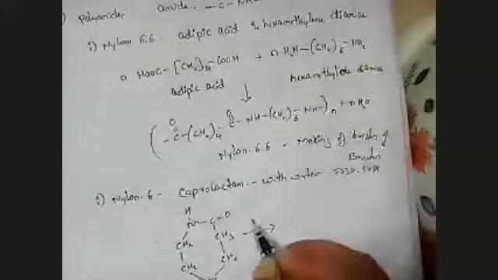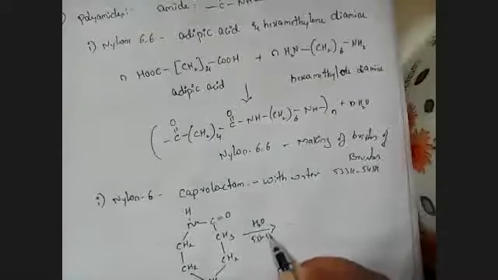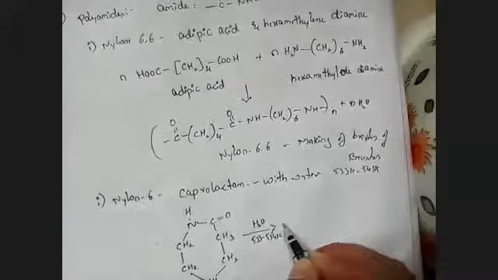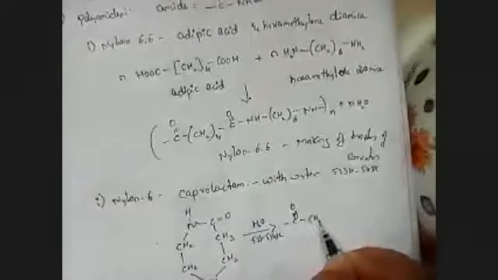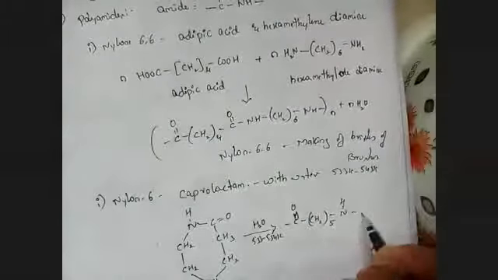This is not hexagonal, this is hepta, 7. Then you will get this. This is double bond O, CH2 5 times, NH. So this is called caprolactam. This is nylon 6.